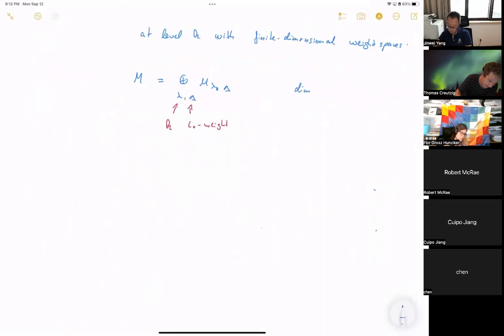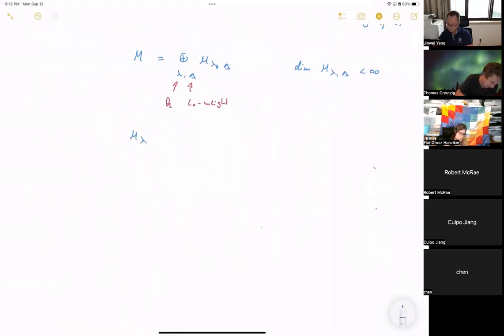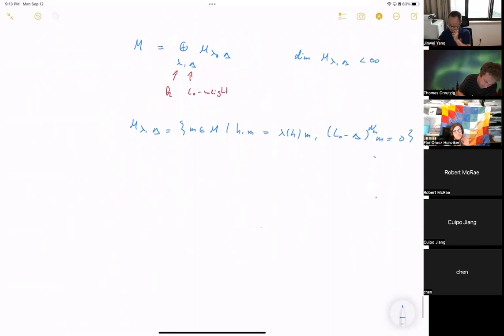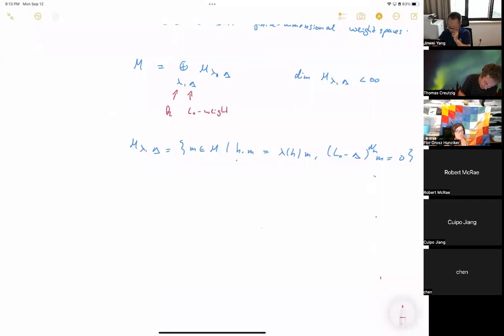We require that these bi-graded weight spaces are finite dimensional. But what do we require? We require that the Cartan subalgebra acts semisimply. These are really weights. For the Virasoro zero mode, it only needs to be a generalized eigenspace, right?